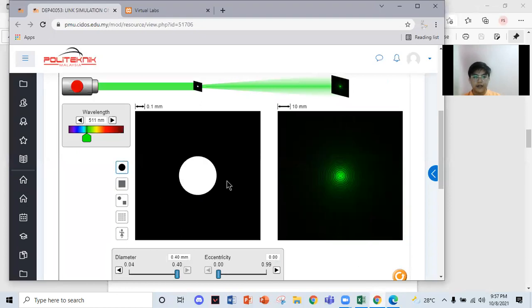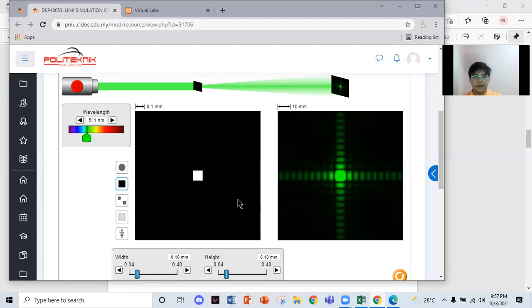So first of all kita akan tunjuk circle first. Seperti yang dilihat, when we increase the diameter, secara amnya cahaya yang terpantul yang terhasil melalui pantulan ini untuk bentuk bulatan adalah lebih kecil dan tidak terang, unclear.